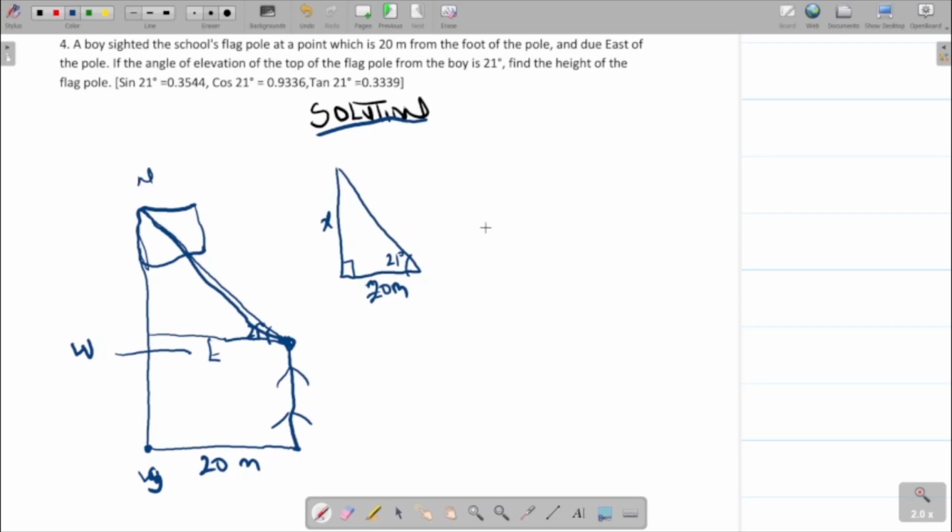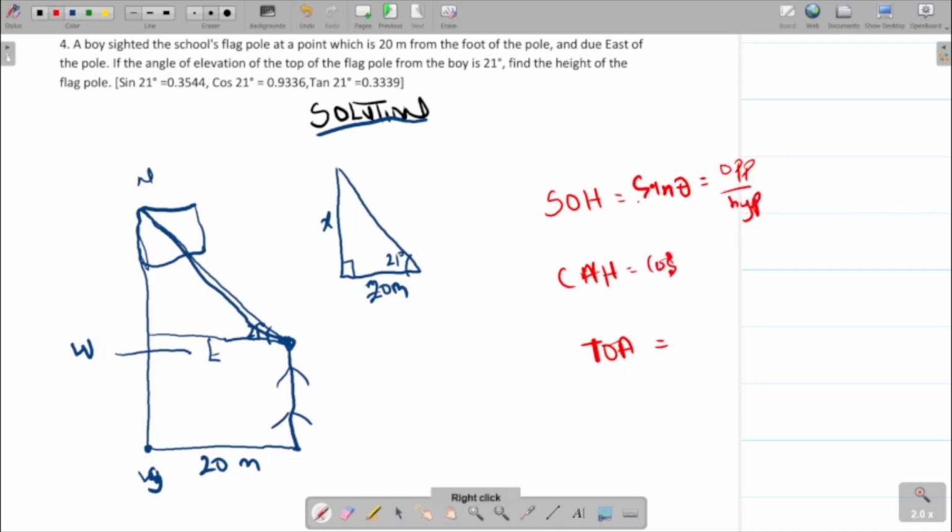So to solve this, as I've mentioned in some of the videos, you have SOH CAH TOA. The SOH represents sine theta equals opposite over hypotenuse, while the CAH represents cos theta equals adjacent over hypotenuse.